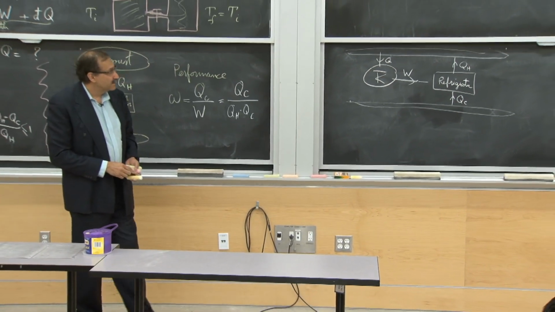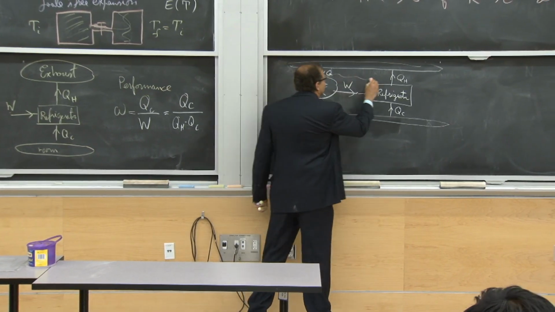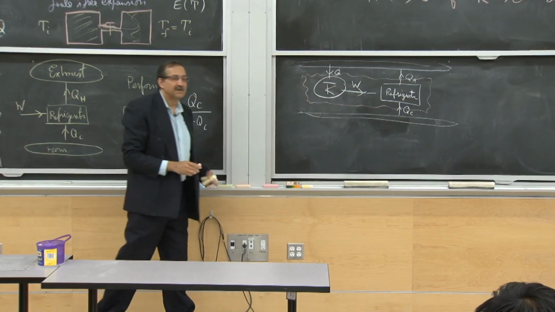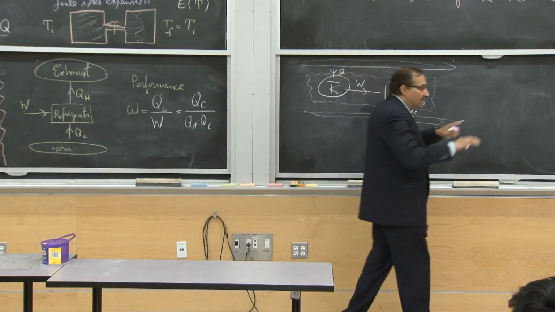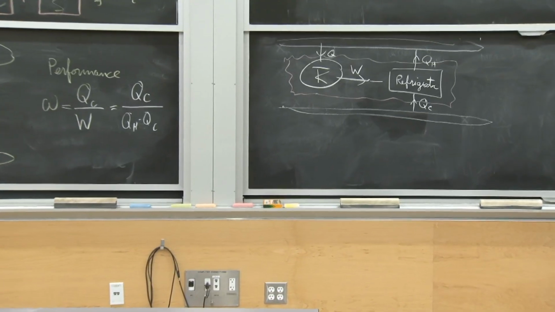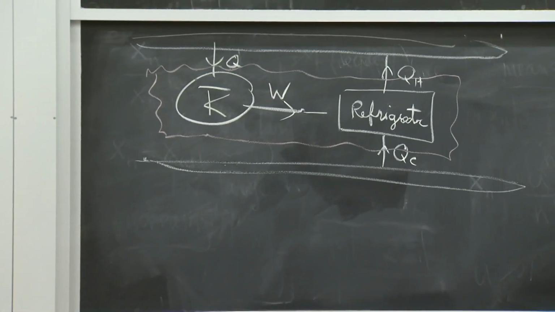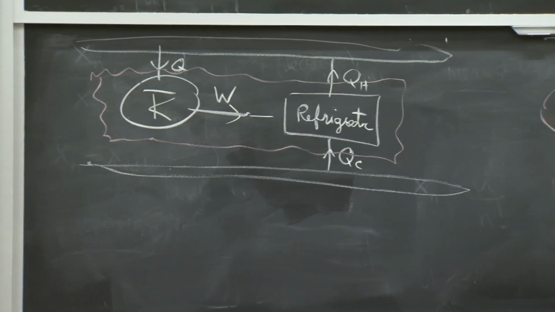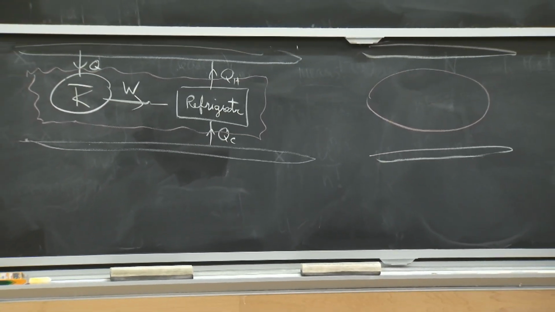So then, if you look at how the sum of these two machines is operating together, from the perspective of looking at the sum of the two machines, the work is just an internal operation. You don't really care. As far as the net thing is concerned, there is no work involved externally.